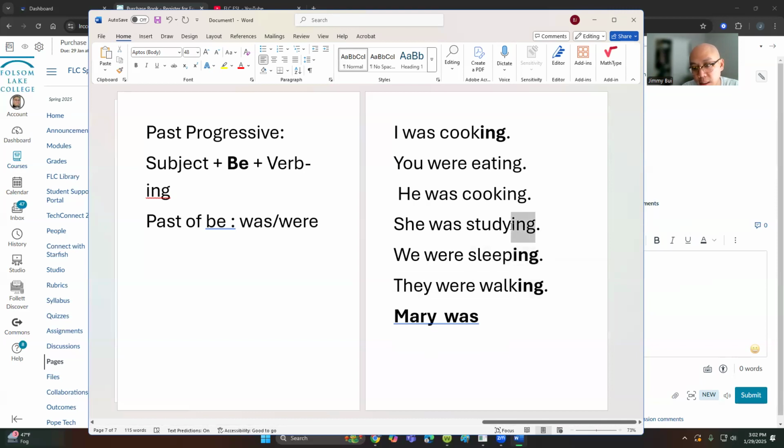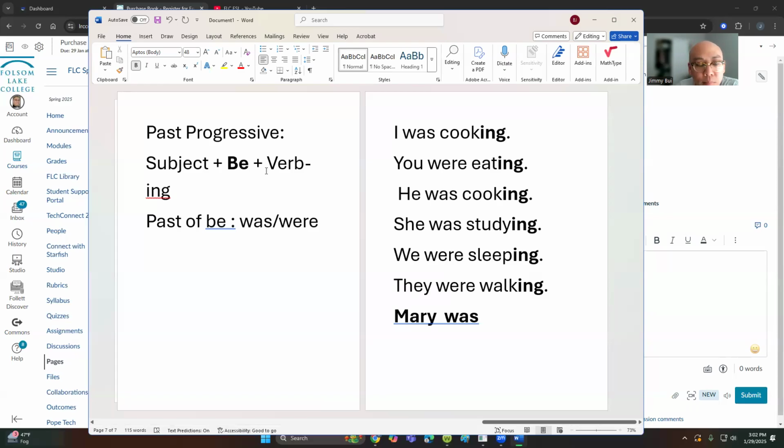And so this is, of course, an action that continues. You will see oftentimes in more complex statements for past progressive, this can be used for two actions happening simultaneously, or when one action interrupts the other.